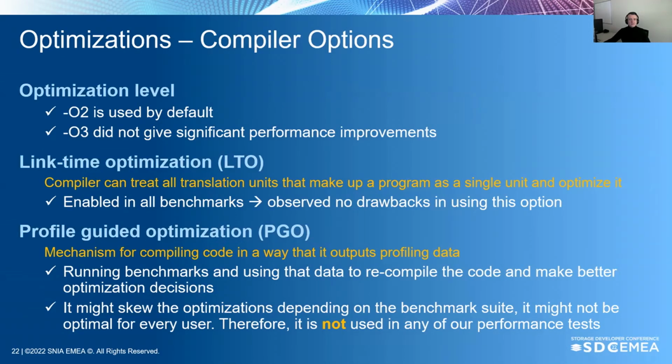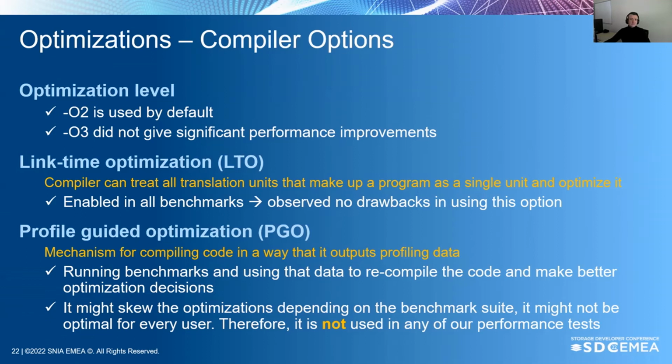Finally, some compiler options. For optimization level, we are using O2. We've tried using O3, but we didn't see any significant improvements, so we are sticking with O2. One interesting compiler optimization is LTO. It allows the compiler to treat all translation units that make up a program as a single unit and then optimize it as such.